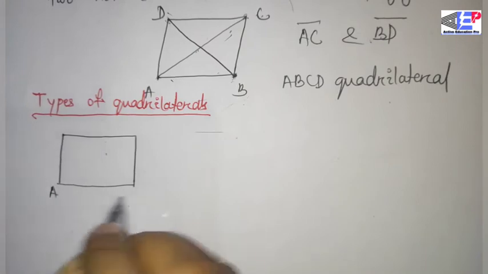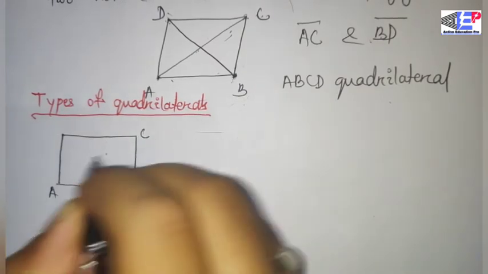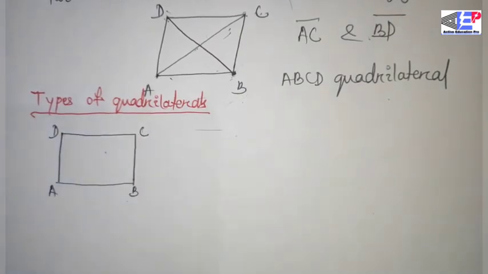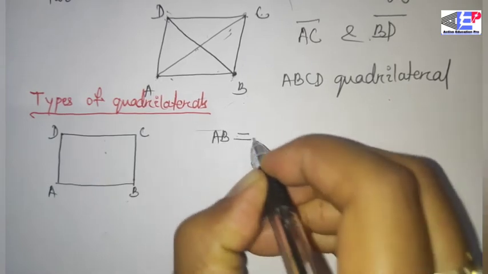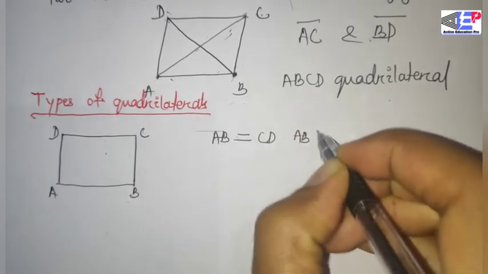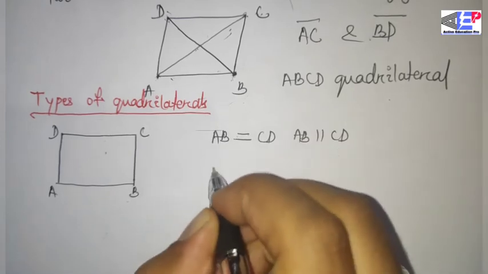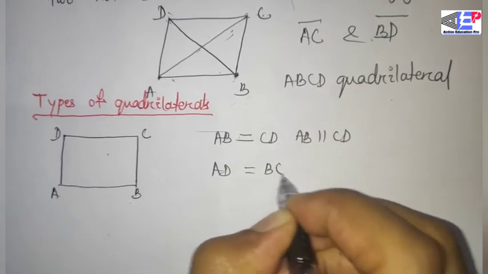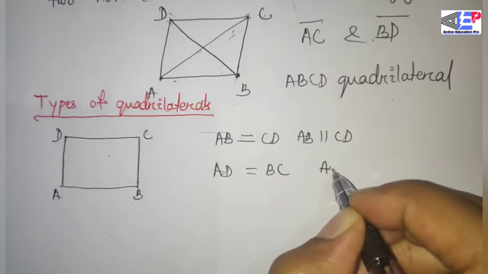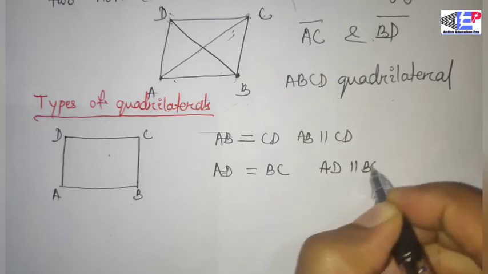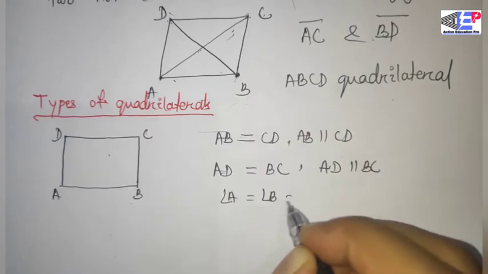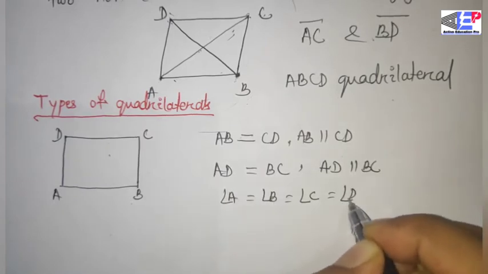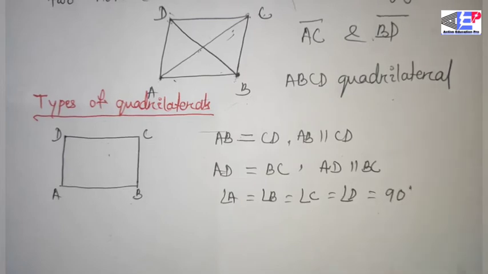First name it ABCD. As per the figure, AB is equal to CD and AB is parallel to CD, AD is equal to BC and AD is parallel to BC, and angle A is equal to B is equal to C is equal to D is equal to 90 degrees.